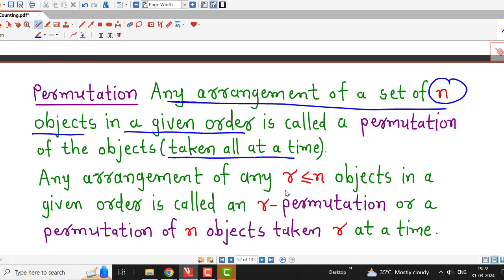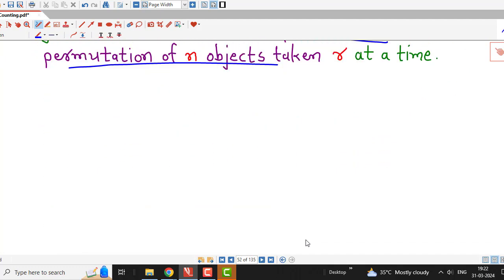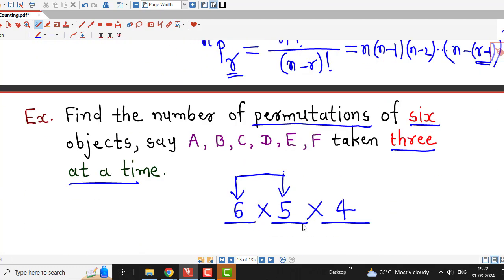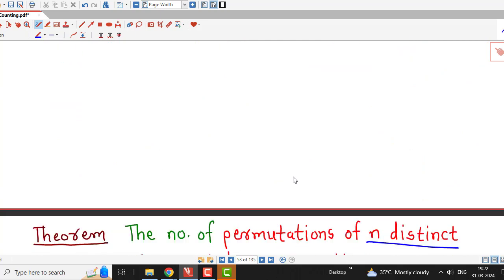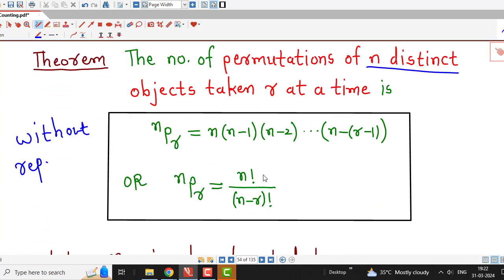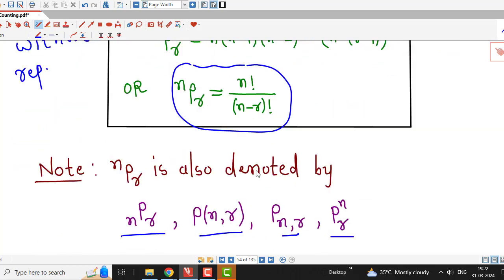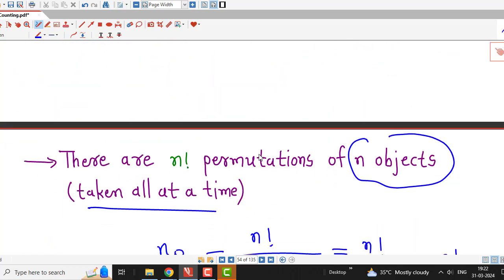And if we are arranging r objects out of n objects, then we call it an r-permutation or permutation of n objects taken r at a time. And the formula for counting the number of permutations is nPr equals n factorial divided by n minus r factorial. So this is all about this session.